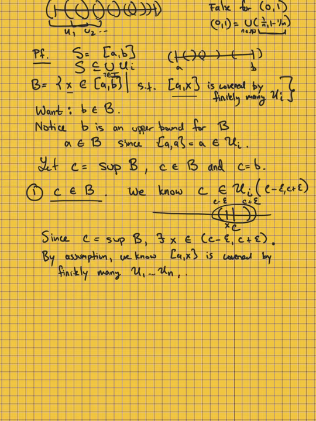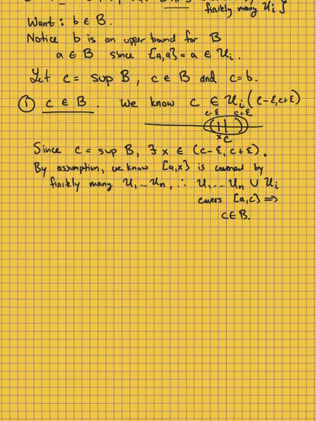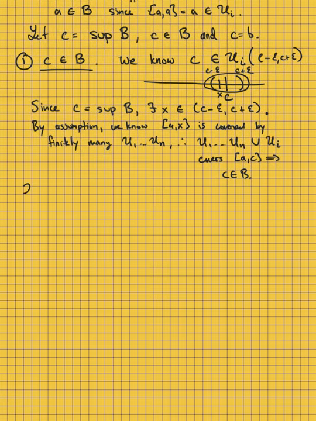Therefore, U1 up through UN union this new set U sub I covers A C, therefore C is in this set B that we're interested in. Okay, so now we want to show that C is equal to b, and then we're done.